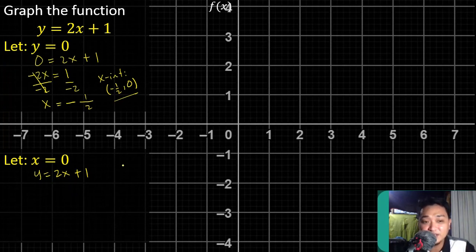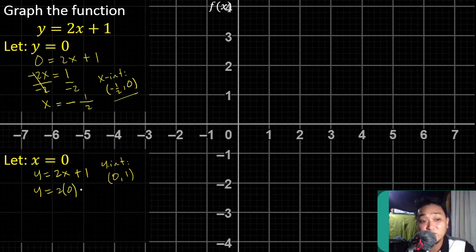So, the coordinate for y-intercept is 0 and 1, positive 1. Kung duda tayo, solve natin. So, let x is equivalent to 0, that is y is equivalent to 2 times 0 plus 1. 2 times 0 is 0, so you have there 1. Y is equivalent to 1.